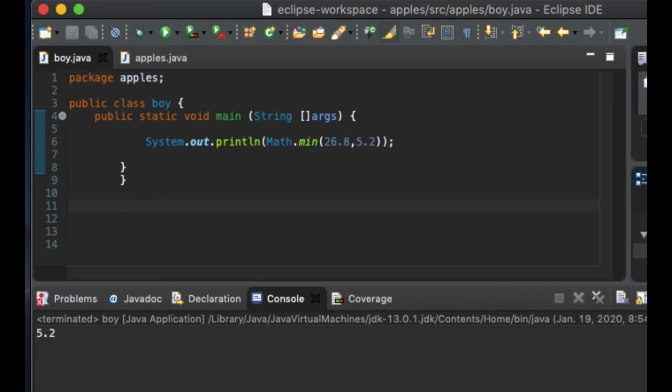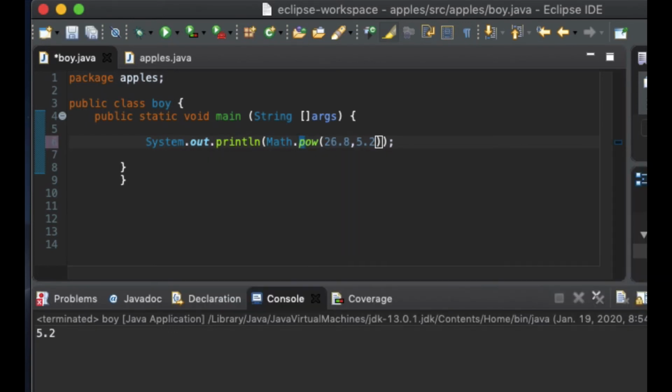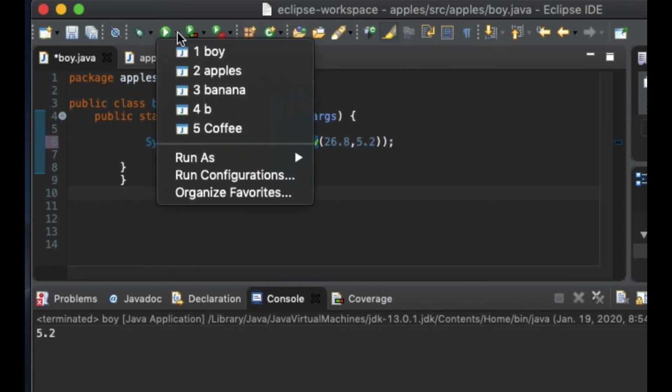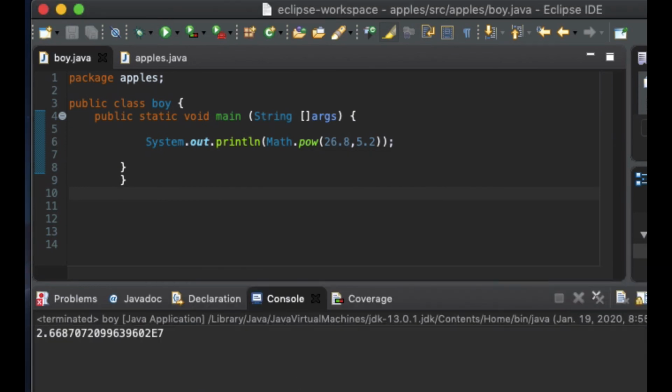We have seen max, minimum, and one more thing, square root. We have seen the power. For power we put pow, like 26.8 to the power 5.2. Let's go ahead and try that one as well. Now you can see it powered this one.